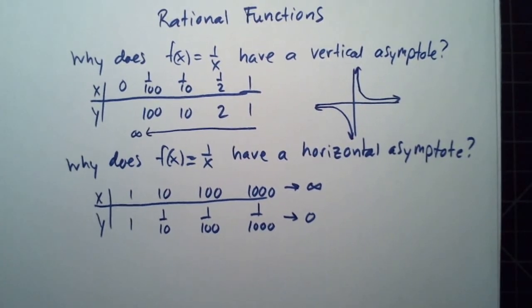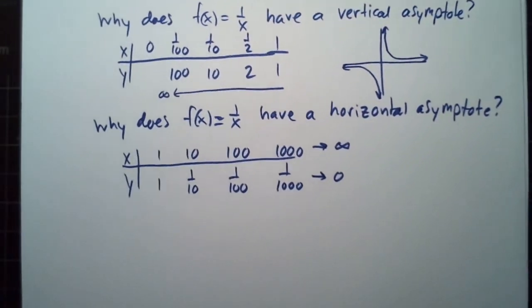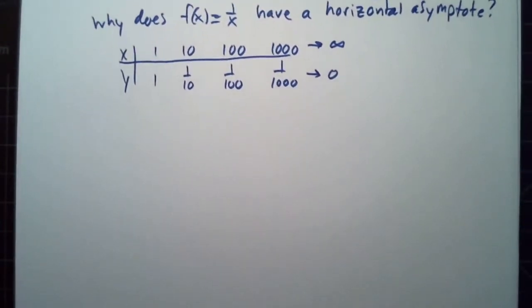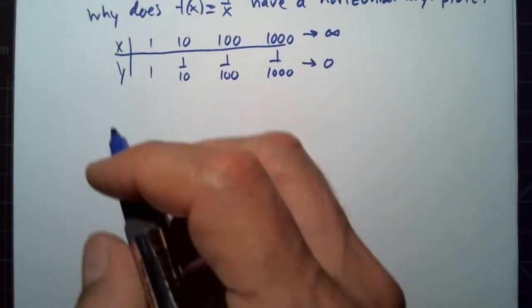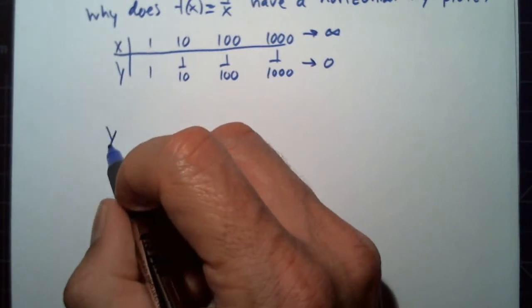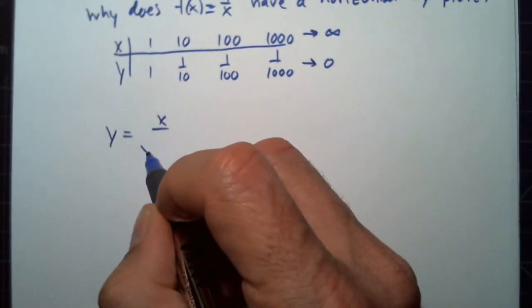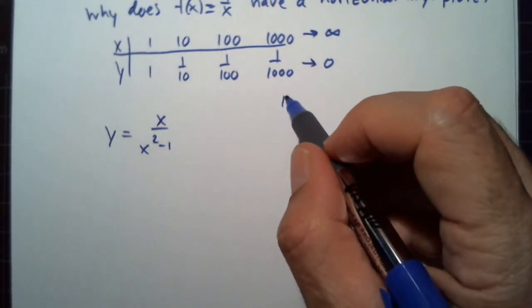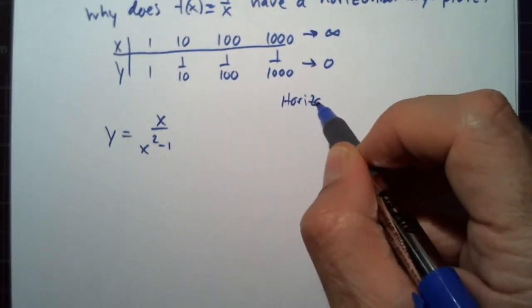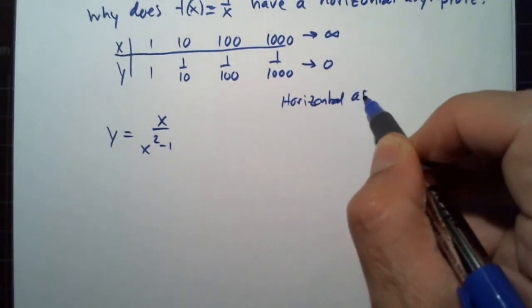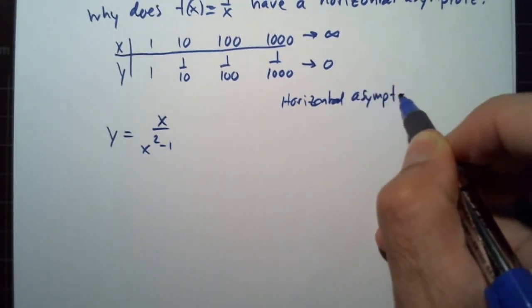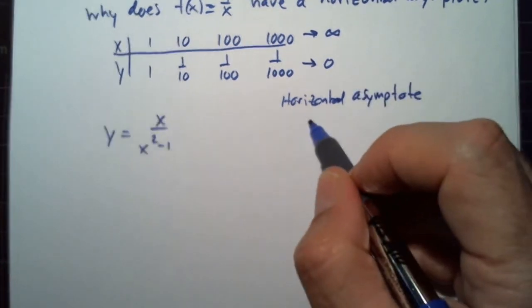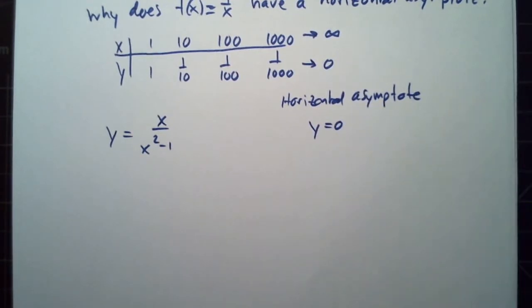All right, we have a shortcut for finding horizontal asymptotes. Let's review that. So if we have this function, the horizontal asymptote is y equals 0.